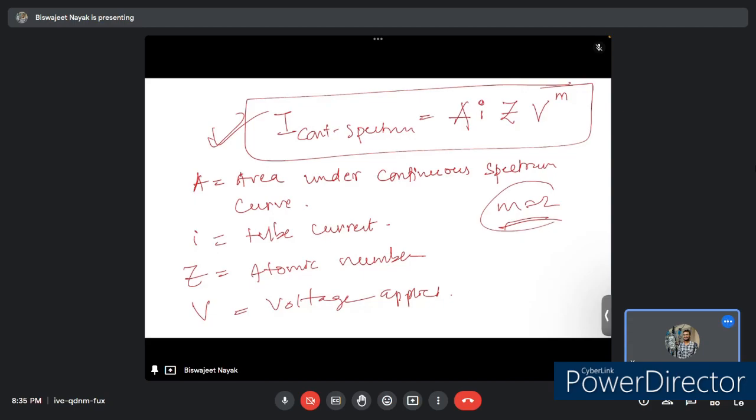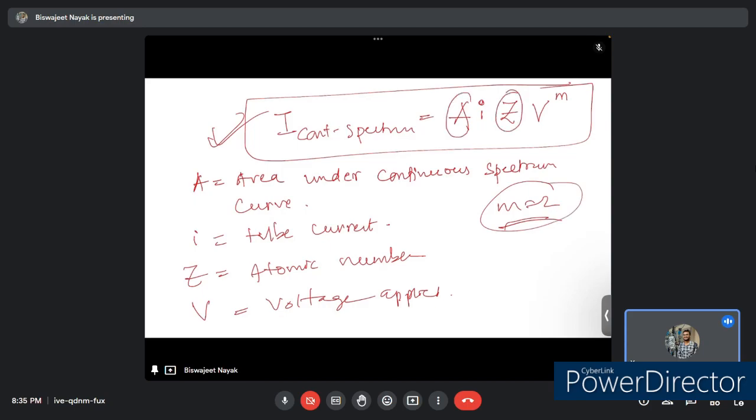So yeah, when a large amount of this background continuum spectrum, which is otherwise called white radiation or Bremsstrahlung radiation, is desired, it is therefore necessary to use a heavy metal as a target.